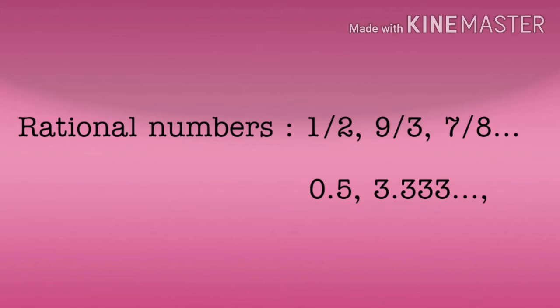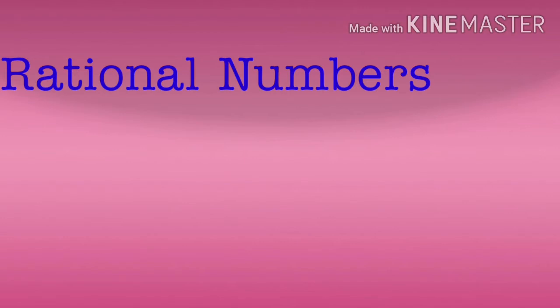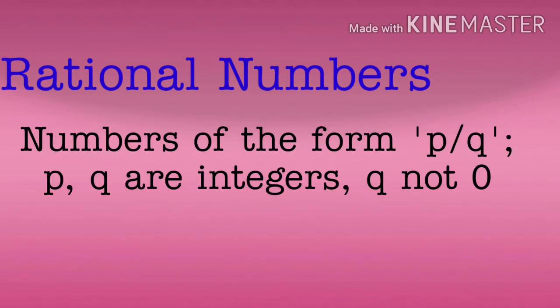But there are some decimal numbers also, 0.5, 3.33, etc. Our chapter is about real numbers. Real numbers means both rational and irrational. So first we are going to discuss rational numbers.